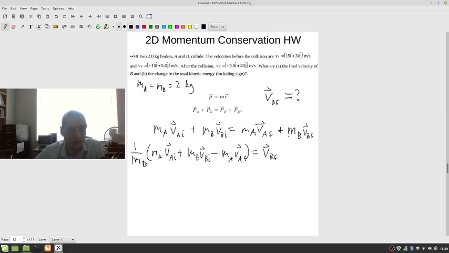Okay, so there's an x component to this, an x component to this, an x component to this, and put all those in here, and that's one number. And then you put in the y component and the y component and the y component, and that gives you a different number. And so your answer in this is going to have the form Vx, Vy meters per second.